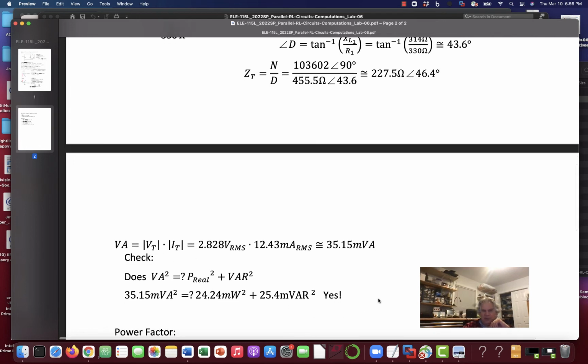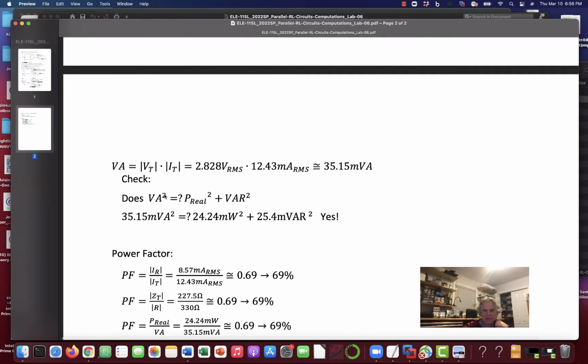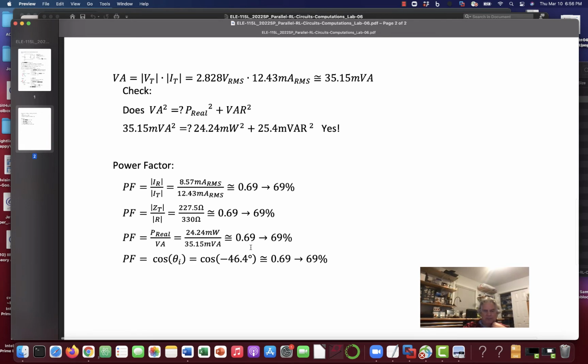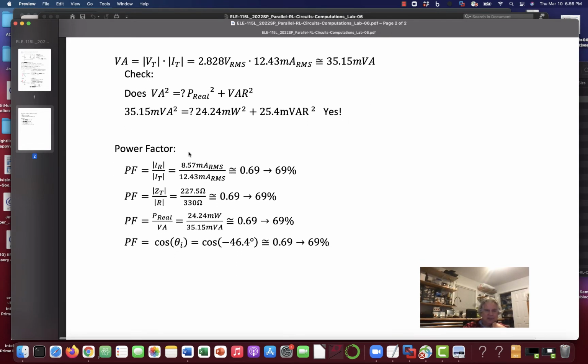If we do the check on the Pythagorean thing, remember apparent power is the hypotenuse, and real power and reactive power are the other two sides. So if we square the real power and the reactive power, it will equal this number squared. That does check out, and you can do that yourself, but I did it and declared victory and just wrote yes.